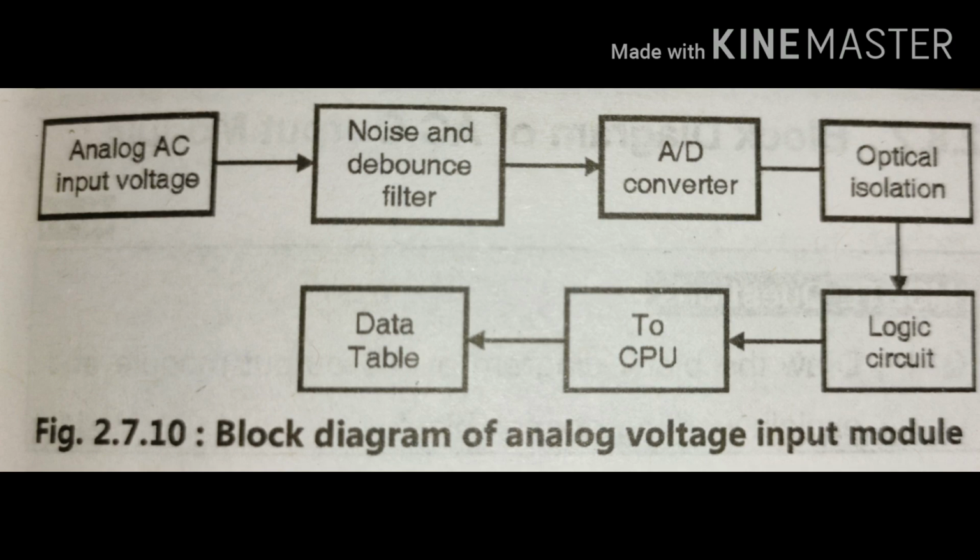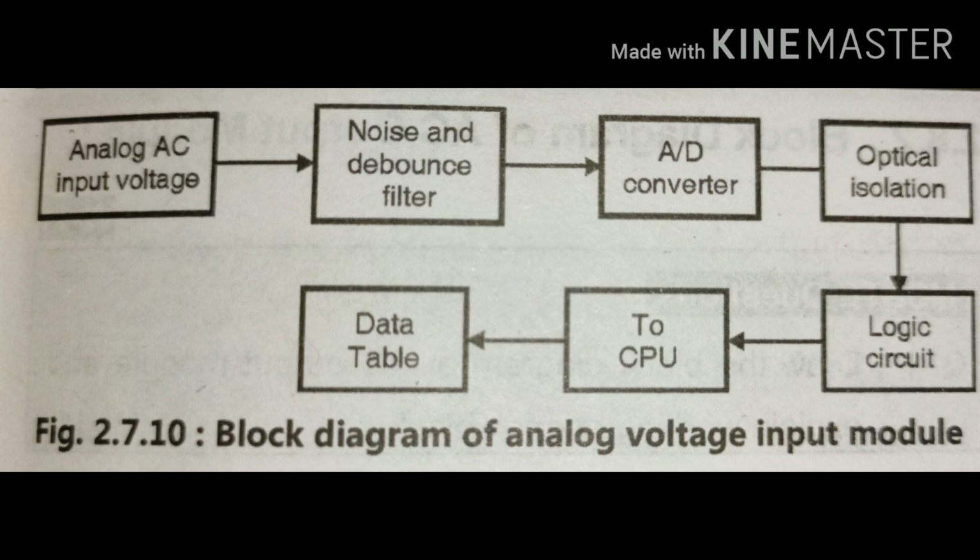This is the block diagram. In this block diagram, when an analog signal reaches an input module, it is rich in different noise signals. This signal is made free from noise using the noise and debounce filter, the second block, the filter circuit, and applied to an analog to digital converter, A to D converter, which converts the analog input voltage to a digital signal.